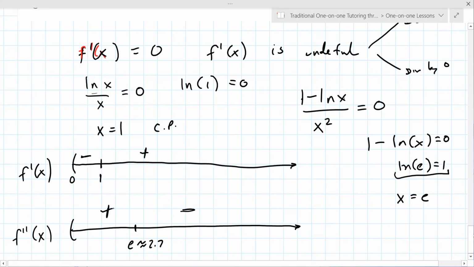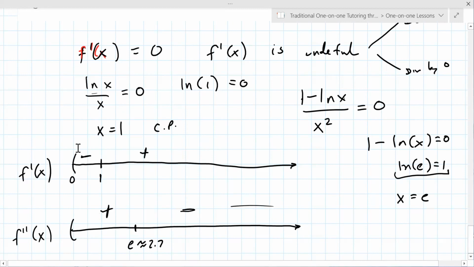I find the multiple choice here to be very difficult, because it would be easier in words to say from 0 to 1 it's decreasing, and from 1 to infinity it's increasing, and from 0 to e it's concave down, and from e to infinity it's concave up.